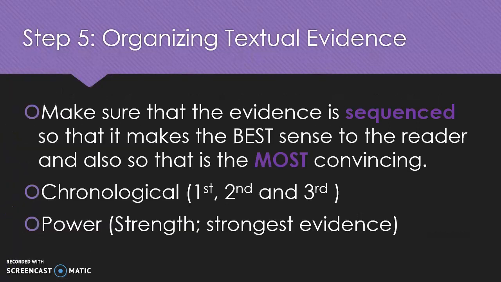Let's talk about organizing your textual evidence. There are two possible ways: chronological order and power. Okay, so your evidence, when you're writing in your paragraph, it needs to be sequenced. It needs to be in a certain structure, and it needs to be smooth and make sense for the reader. Okay, chronological.